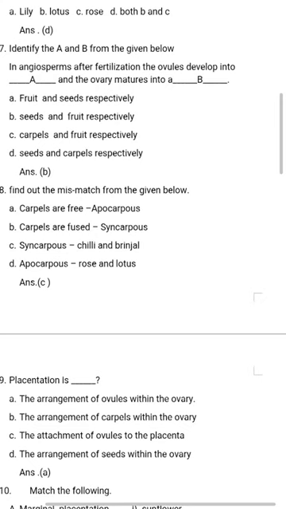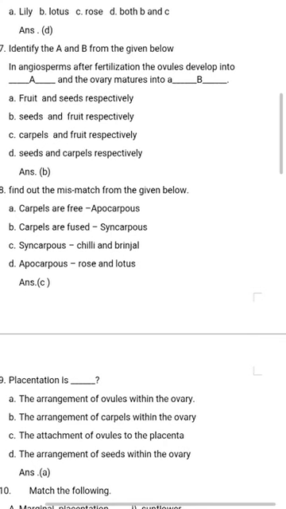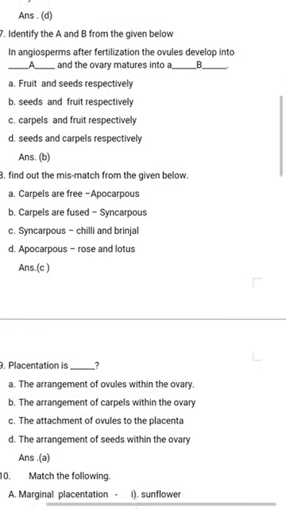This is a very important concept for second PUC also. You will learn in detail about this concept in the second chapter in second PUC, sexual reproduction in flowering plants. So the correct option for this question is option B: ovules develop into seeds and ovary matures into fruit. Option B is correct for this question. Hope you understood the explanation for this question. Now moving to the 8th question.